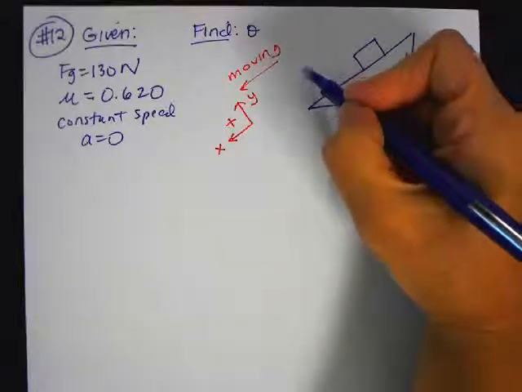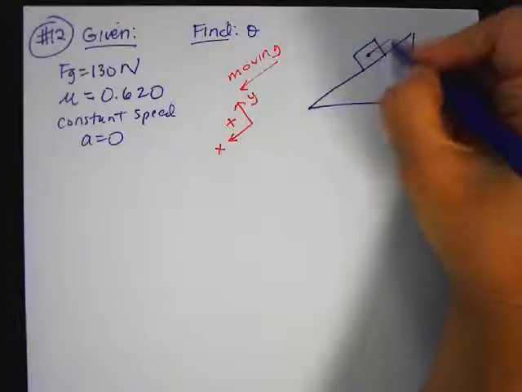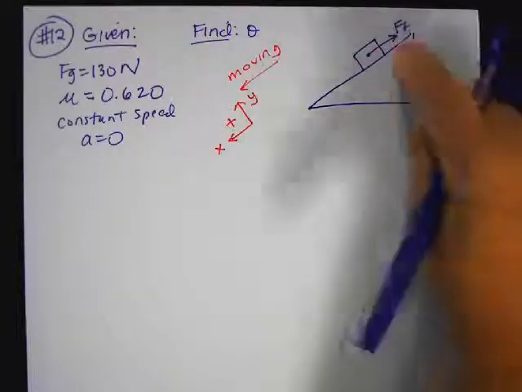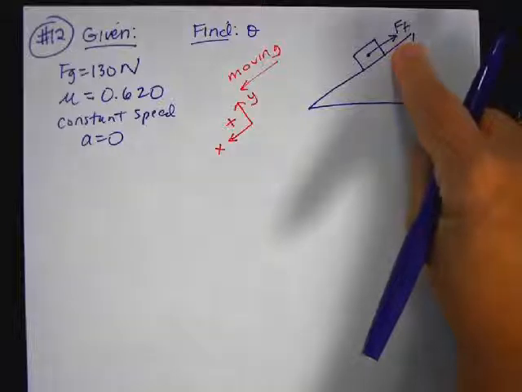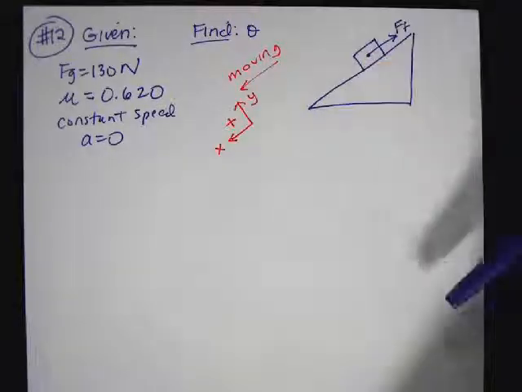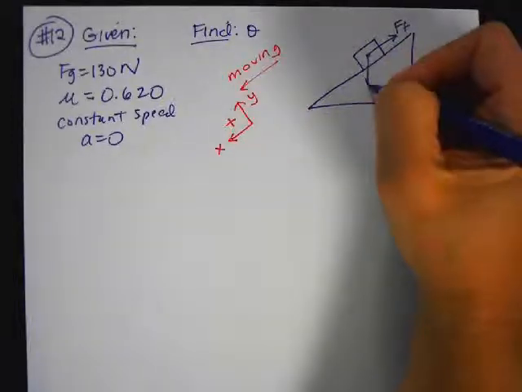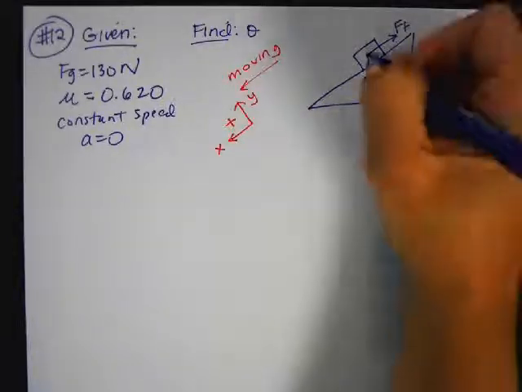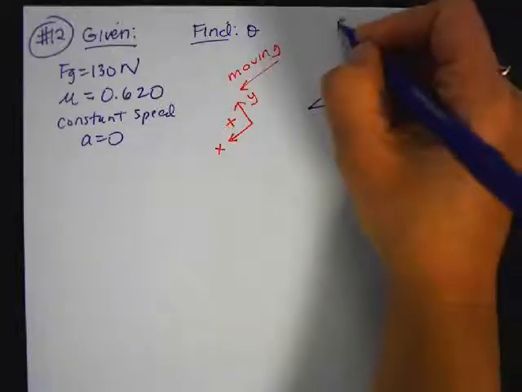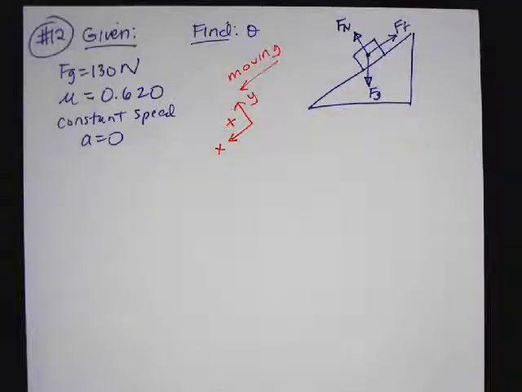If the block is moving down the incline, I know that the frictional force always acts opposite the direction of motion, and it always acts parallel to the surfaces in contact. The force of weight always acts straight down, and then the normal force always acts perpendicular to the surfaces in contact.